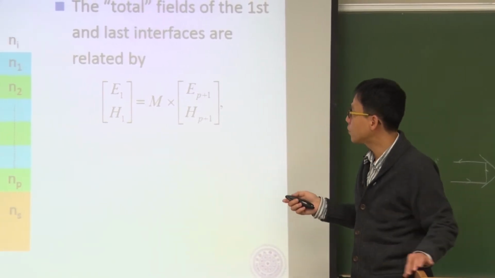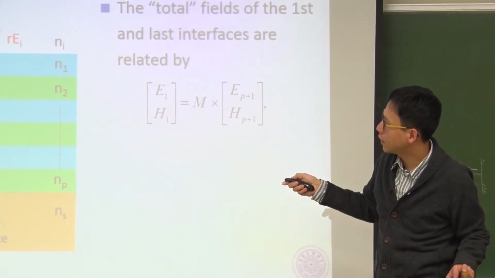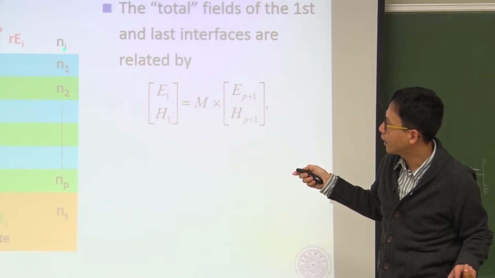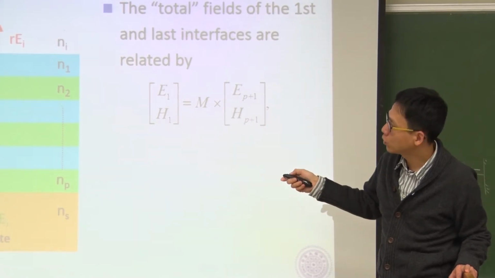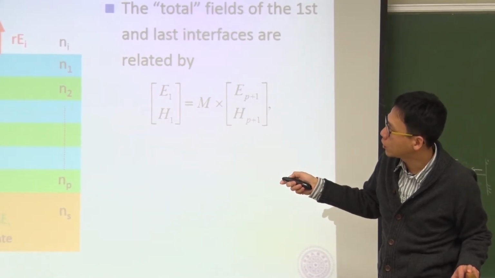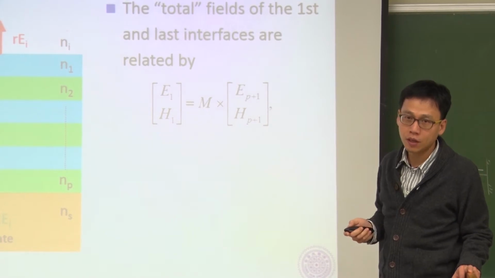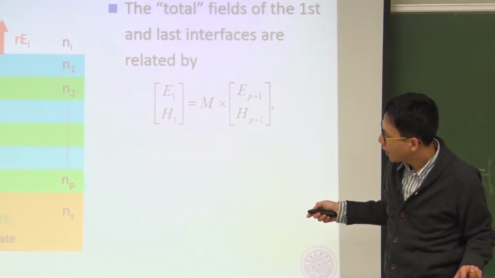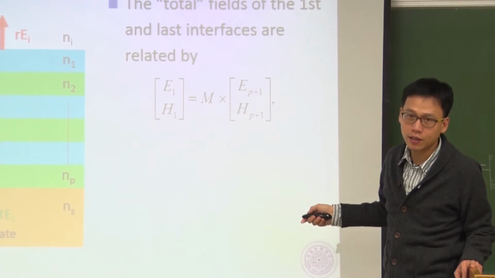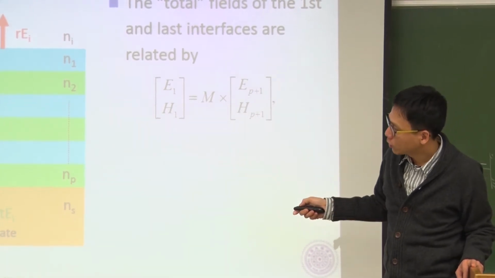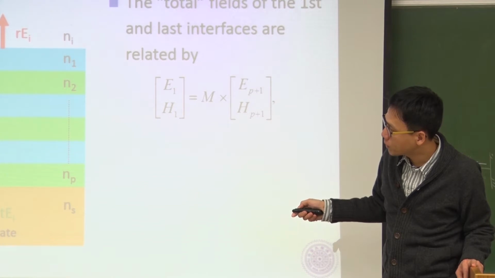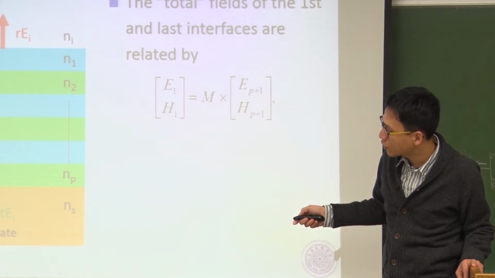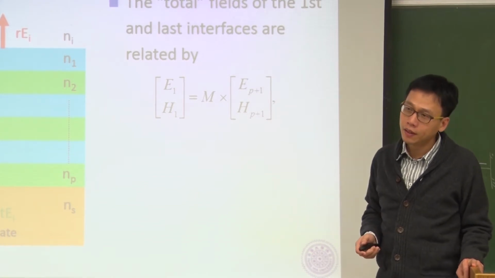First interface is here, between Ni and N1. Total fields are E1 and H1. Last interface is here between NP and NS. NS is the substrate. Total fields are E sub P plus 1 and H sub P plus 1.